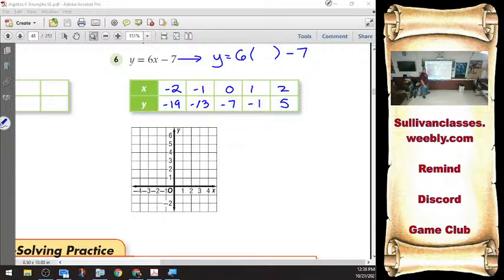Then I go to plot some of them, and that doesn't fit. And that doesn't fit. But 1, negative 1 does. And 2, 5 does. Do I have at least 2 points to create a line?